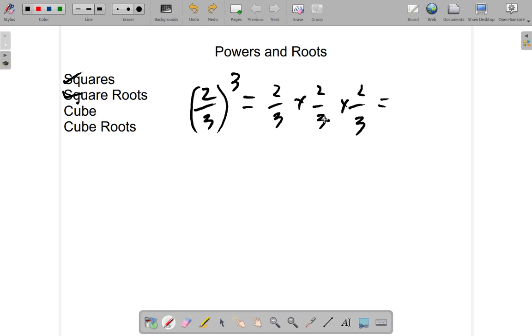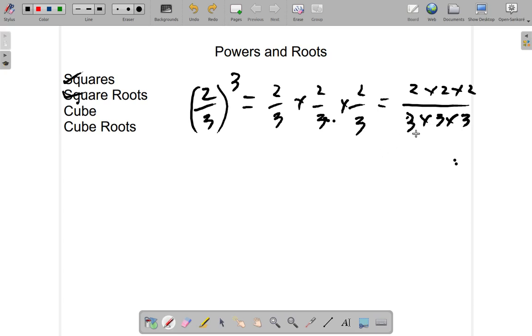Now, later on in fractions, we're going to concentrate on the fact that you can add, subtract, and multiply and divide fractions. But just a little touch of it here. When you multiply three fractions, just like when you multiply two fractions, you have top times top. When you multiply three fractions, top number, numerator, times top. So it's going to be 2 times 2 times 2 over denominator down the bottom here, 3 times 3 times 3.